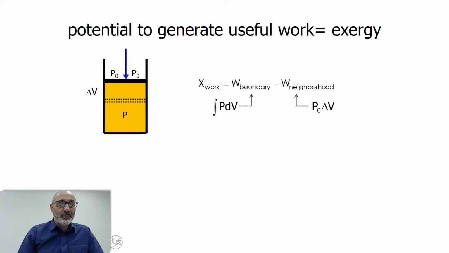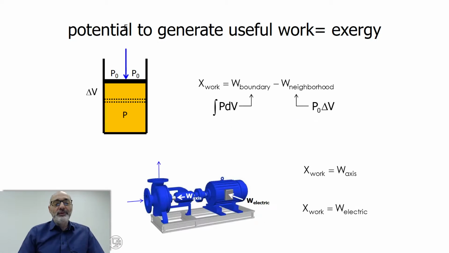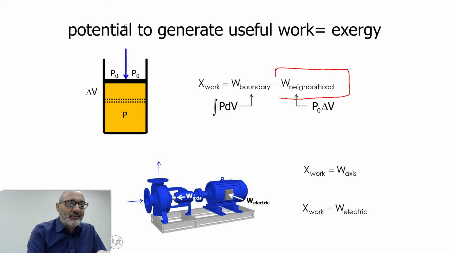For the open system, just an observation: this we know how to calculate. That's PdV, that's force times displacement, and this is P0 delta V. We have seen this, okay? And for the open system, it's a lot easier because, well, let me ask you a question. That's the orange substance in the closed system.